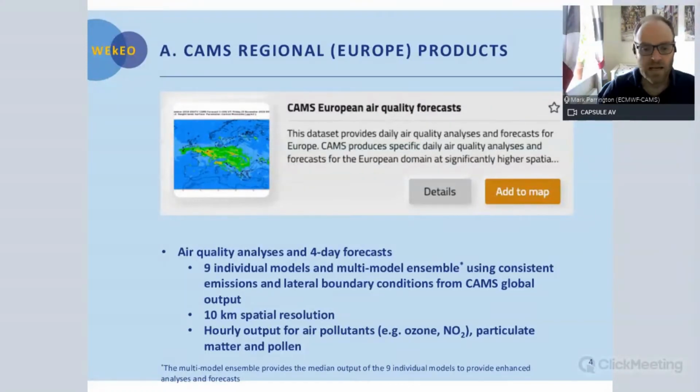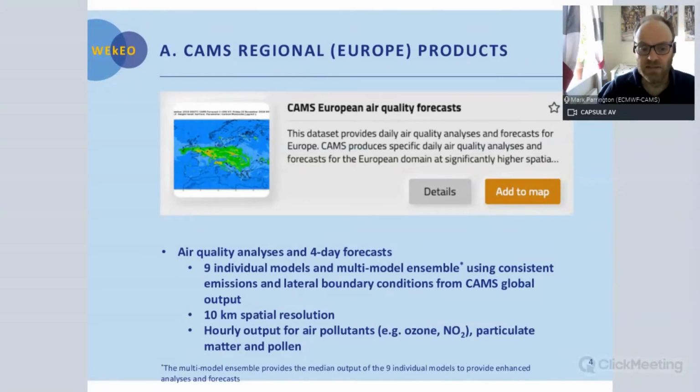So these are essentially air quality analyses and 4-day forecasts. They are provided from a suite and ensemble of 9 individual models, which use consistent emissions and lateral boundary conditions, which are taken from the CAMS global production system.